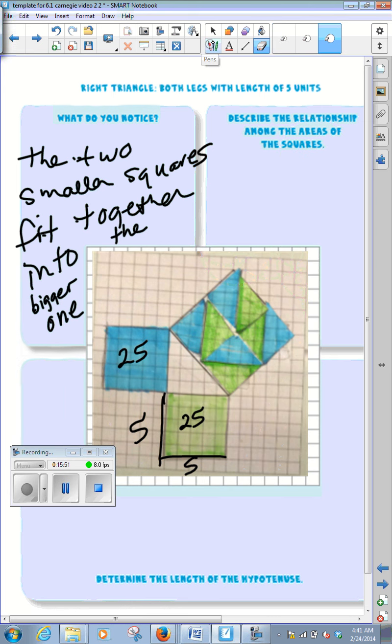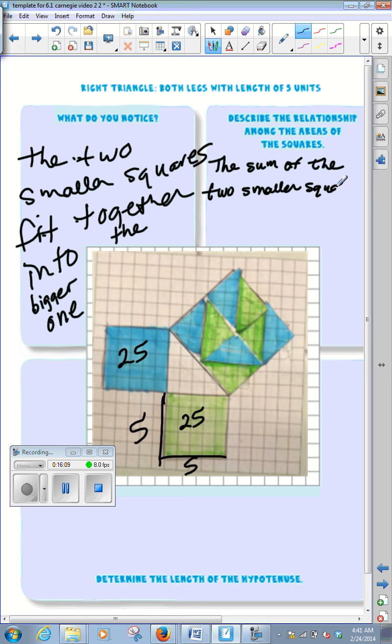What's the word for when you add things together? Well, the word is the sum. So the sum of the two smaller squares equals the area of the larger square.